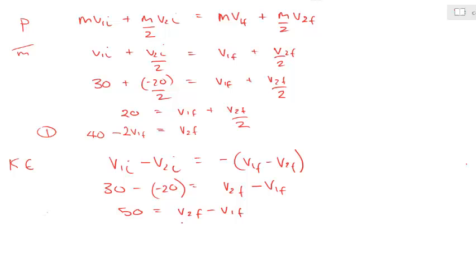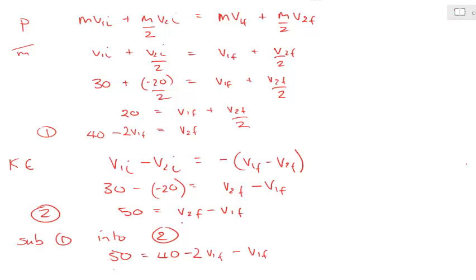I'm going to call that equation 2, and now I'm going to substitute equation 1 into equation 2. So we just want to put in v2f. So 50 is equal to 40 minus 2 v1f minus v1f. Rearranging this, we get 50 minus 40, so that's 10, is equal to minus 3 v1f.